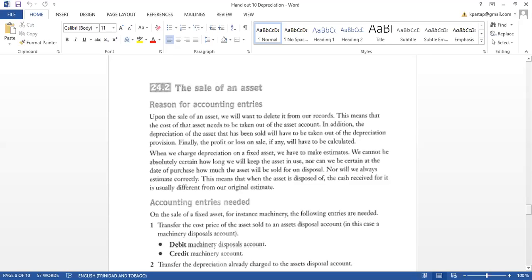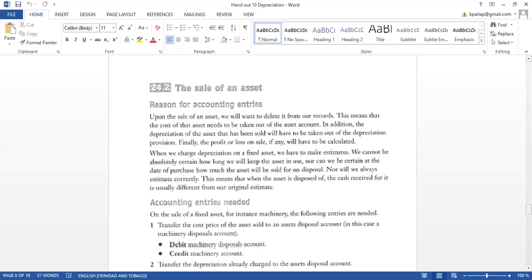Depreciation is not an actual cash expense. It is just charged to account for the fallen value of an asset. So I don't want to say it is guessing, it's basically just estimating.